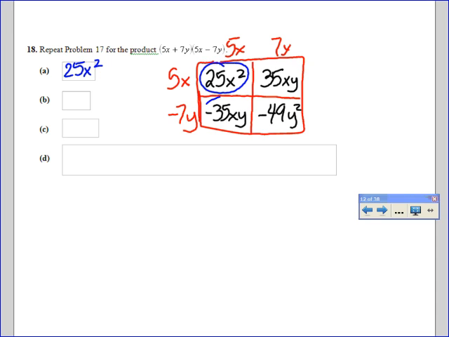For part B, what you're doing is combining the mean together. Remember mean. A negative 35 and a positive 35, how much does that add up to? You said 0. They cancel out. Positive 35 and negative 35 cancel out. And then you have a negative 49y squared at the end here.